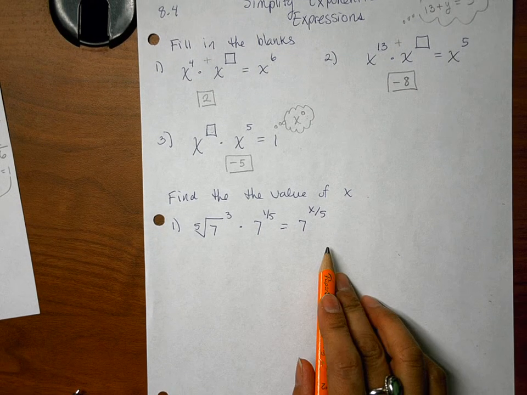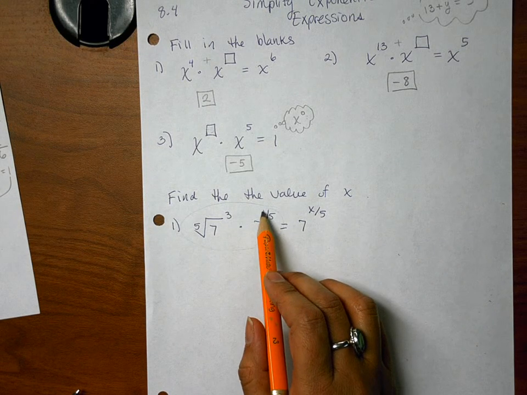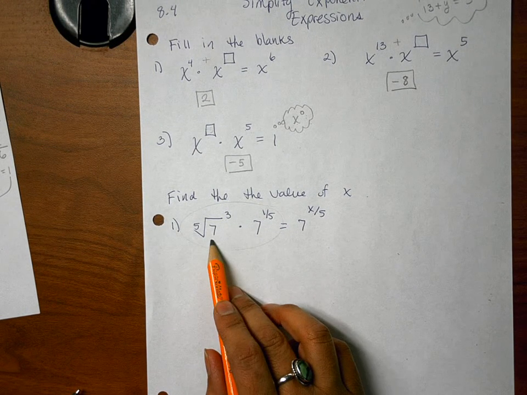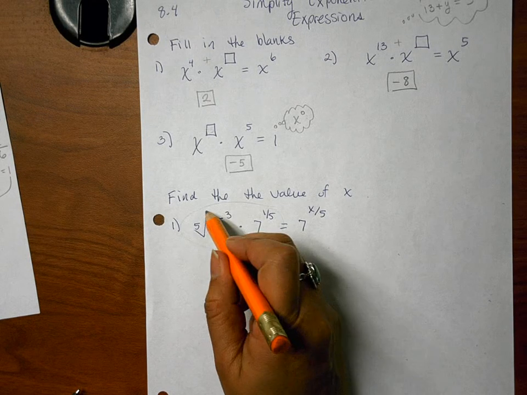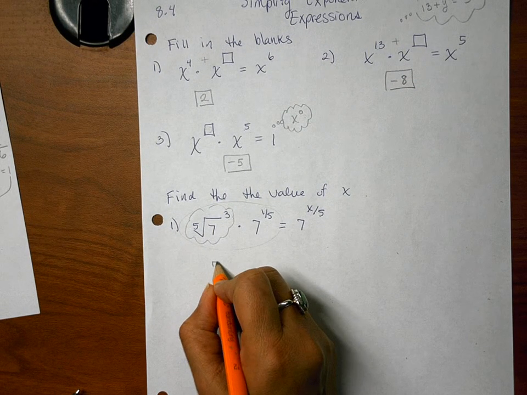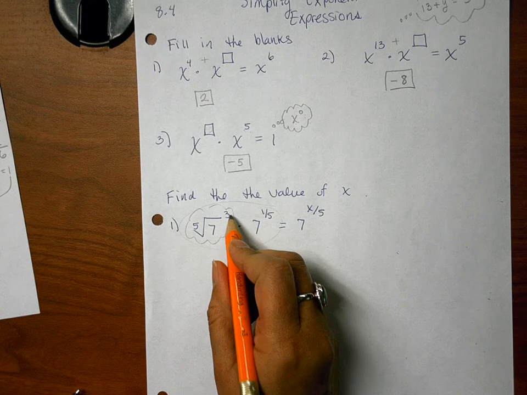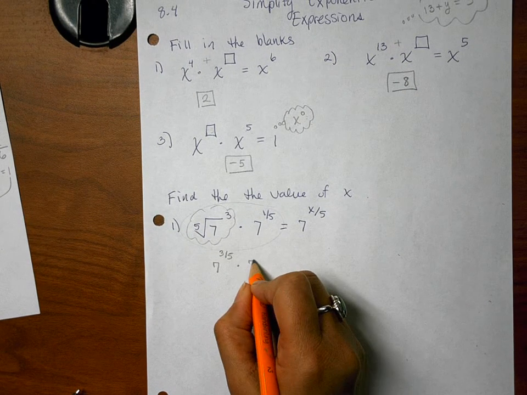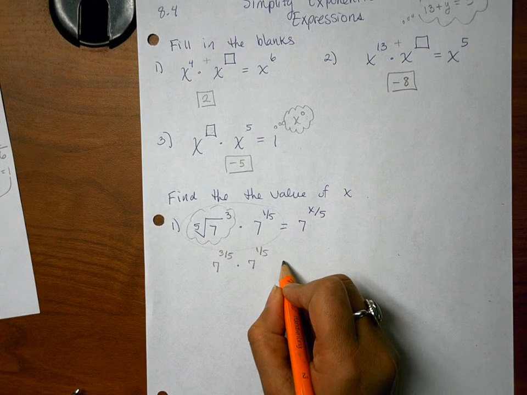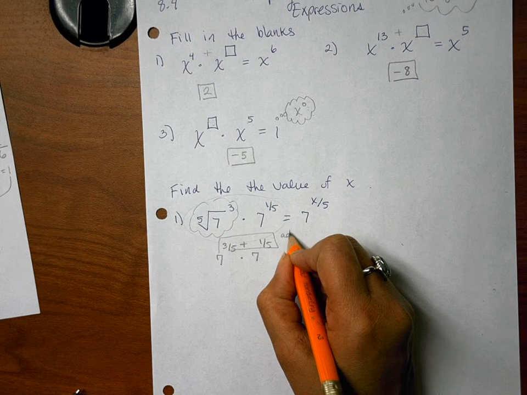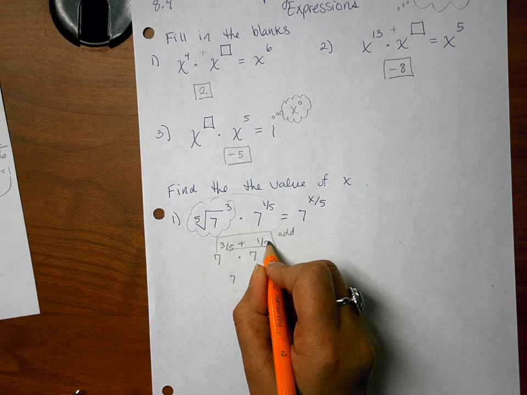We want to find the value of x. First off, recognize that they're all the same base, which is good. So I'm going to rewrite this side so I can add exponents. In order to add exponents, the bases have to be the same, which they are. So I'm actually going to rewrite this one in exponential form. So 7 to the 5/3 or 3/5. It is 3/5. And 1/5 is just going to stay because it is already in exponential form.